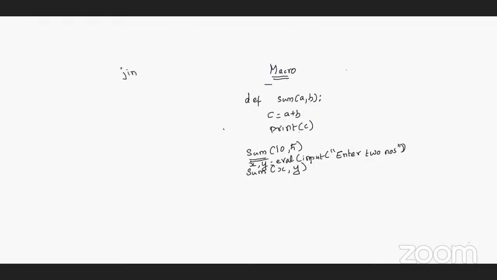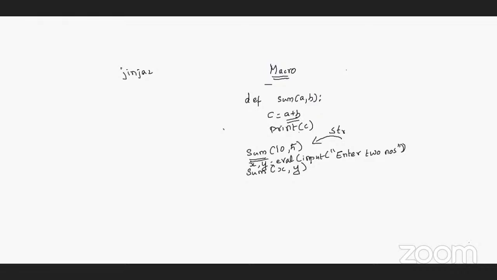Ma'am, what is that x, y is equal to eval? That is what I have represented. The input function will return whatever values you give at runtime as a string, right? But we are doing an arithmetic operation here, which is addition of two numbers.